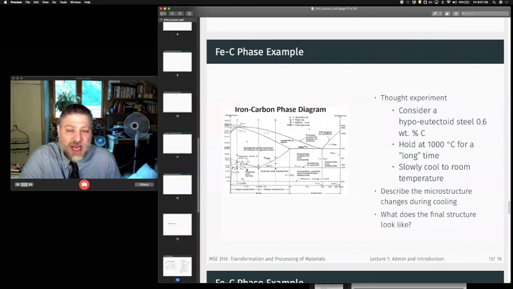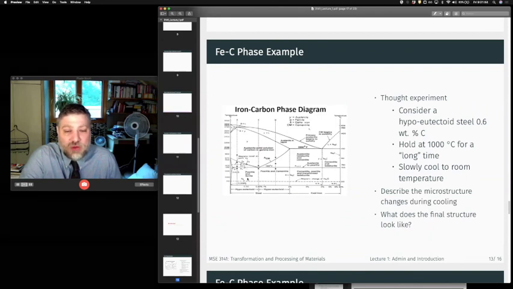When we cool down, we'll start to transform all of our austenite. It will go away. We'll nucleate and grow pearlite, which is a mixture of cementite and ferrite, right?